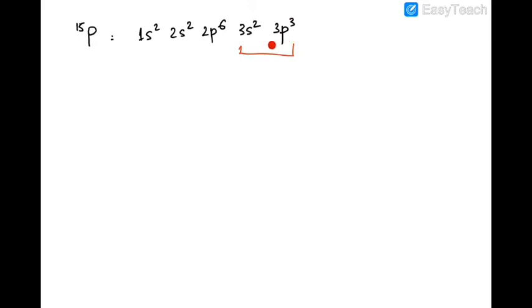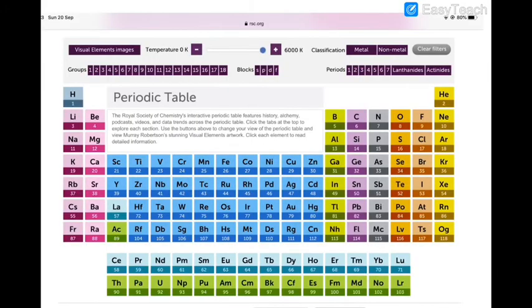And from the number of the shell, which is 3, we can relate this to the period number for phosphorus. So phosphorus should be present in the third period. We can check here that phosphorus is indeed present in 1, 2, 3, which is the third period.